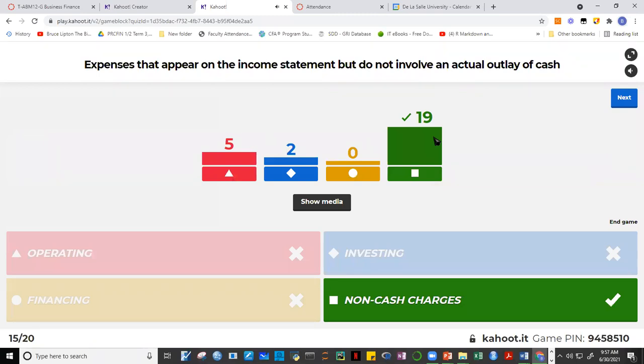Okay, correct, no? 19 of you got it. Very good. And can you give me an example, guys, of an expense that appears in the income statement pero wala naman talaga linabas na cash? Anyone? What is an expense in the income statement which does not really involve a cash outlay?